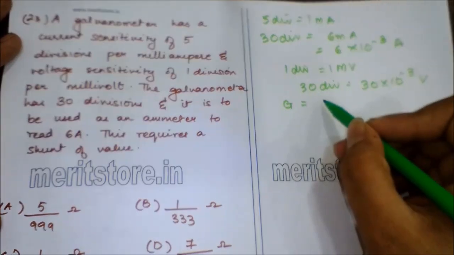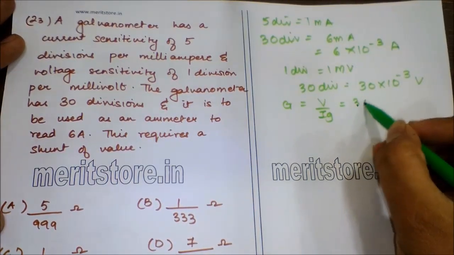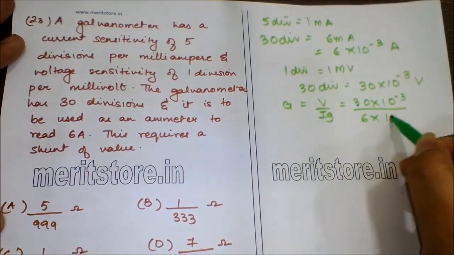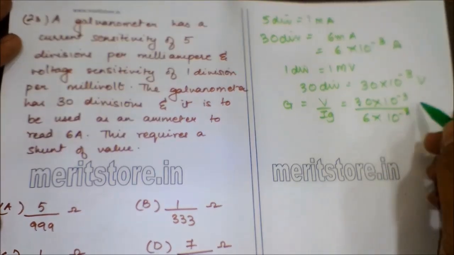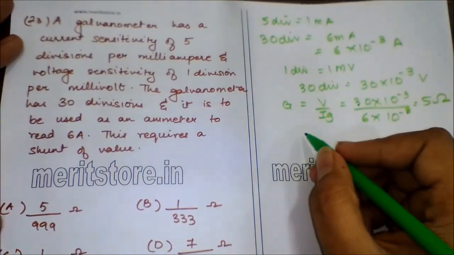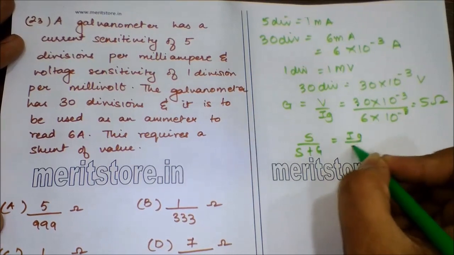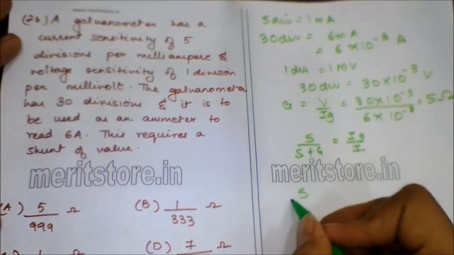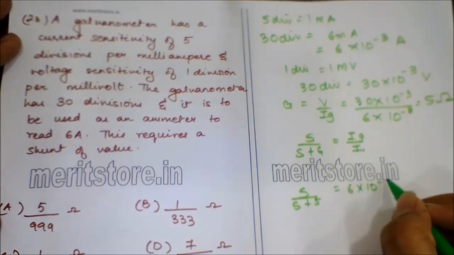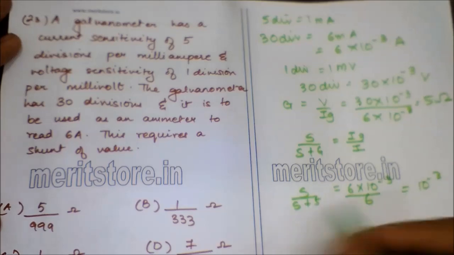G is equal to V upon Ig, which is equal to 30 into 10 raised to minus 3 upon 6 into 10 raised to minus 3, which on solving gives us 5 ohm. The value for G is 5 ohm. And we have the formula S upon S plus G is equal to Ig upon I. So S upon S plus 5 is equal to 6 into 10 raised to minus 3 upon 6, which is equal to 10 raised to minus 3.